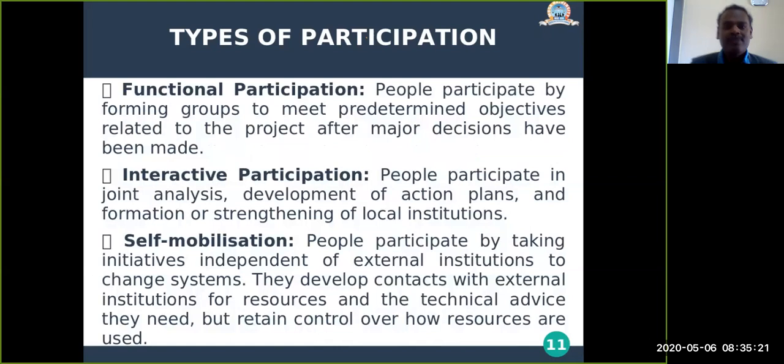Then the fifth one, functional participation. People here participate by forming groups to meet predetermined objectives related to the projects after major decisions have been made. For example, when a big project is coming, it is necessary to form different groups.